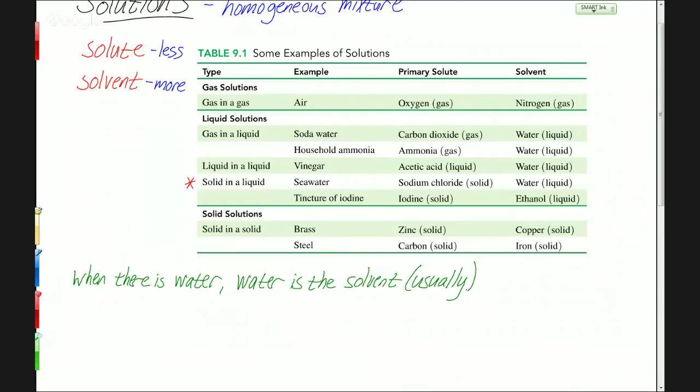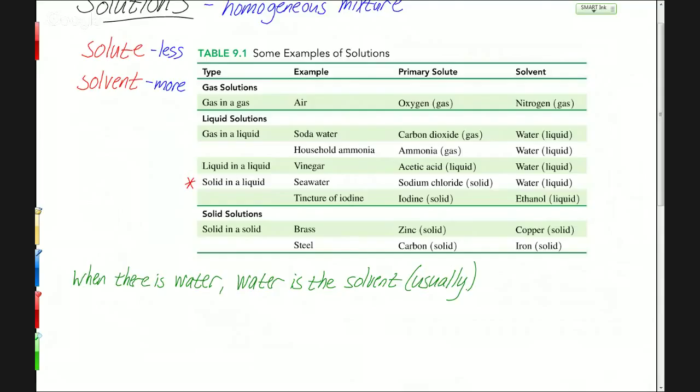If you ever look at alcohol percentages on things like wine and liquor, they'll say 10% alcohol by volume or 20% alcohol by volume. Well, once it gets to 50%, now there's more ethanol than water in there.